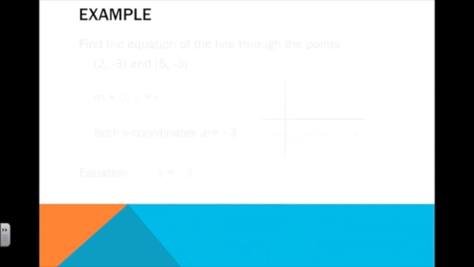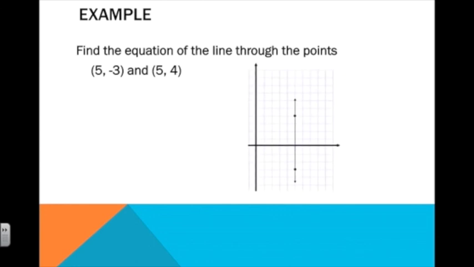Another example here with a vertical line, we're going to find the equation of the line through the points 5, -3 and 5, 4. Again, you see how sketching it helps us to see very easily that it is a vertical line. If you didn't happen to sketch it or you didn't notice that, when you went to find the slope with a rise of 7 and a run of 0, and you got an undefined slope, hopefully at that point you should recognize that it is a vertical line.